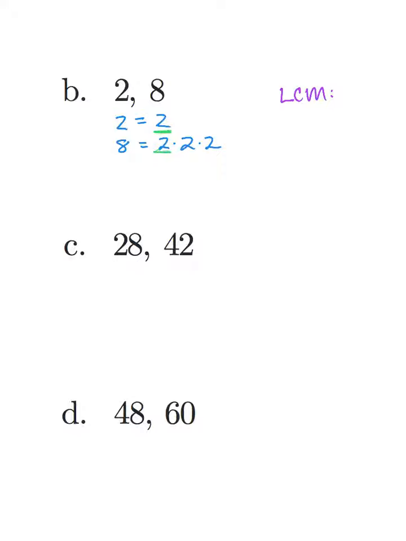Here, they have a 2 in common, so I'm going to start with a 2 in my LCM. And from there, I want to put everything else in there as well. So we should have 2 more 2's in the LCM. If we multiply this out, we get 2 times 2 is 4, times 2 is 8. That is our final answer.